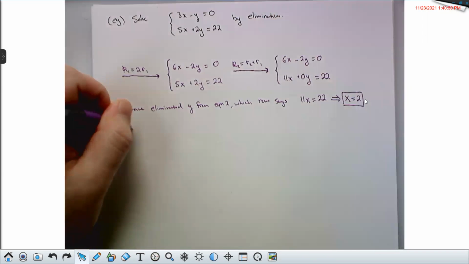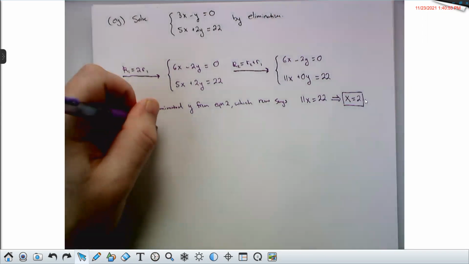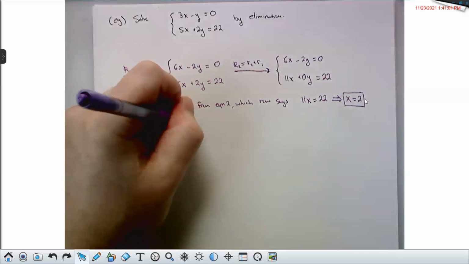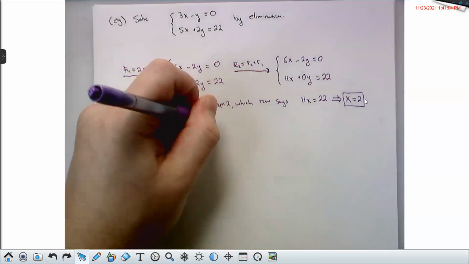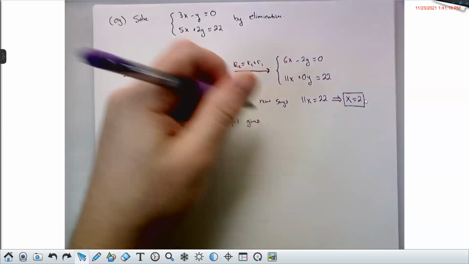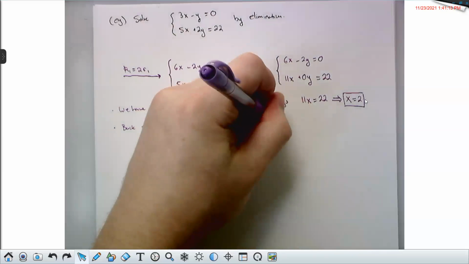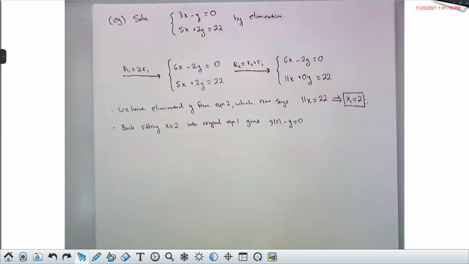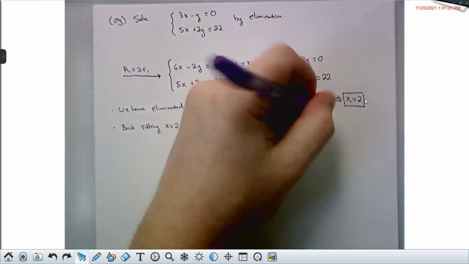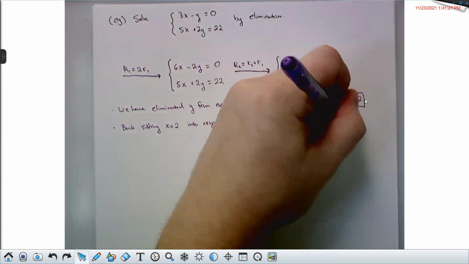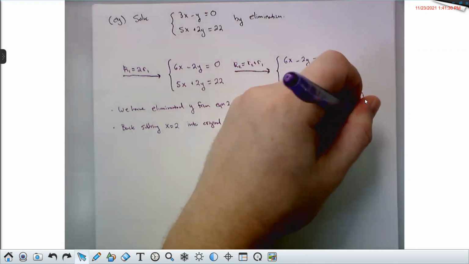Back subbing x equals 2, I can go into any equation I want as long as it has both x's and y's. I'll go into the original equation 1. That will give me 3 times 2 minus y equals 0, which means negative y equals negative 6, which means y is 6.